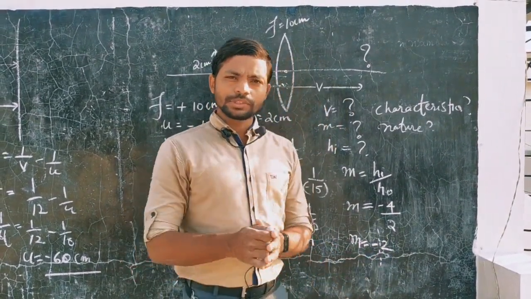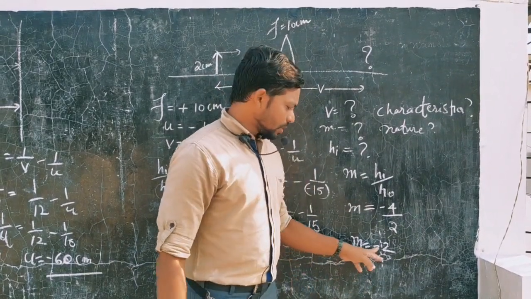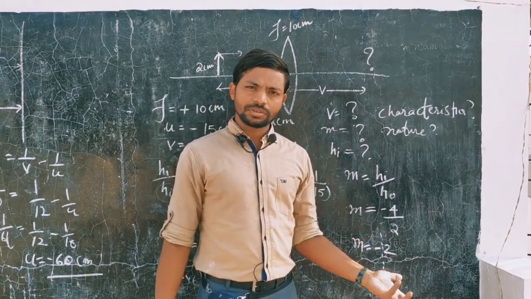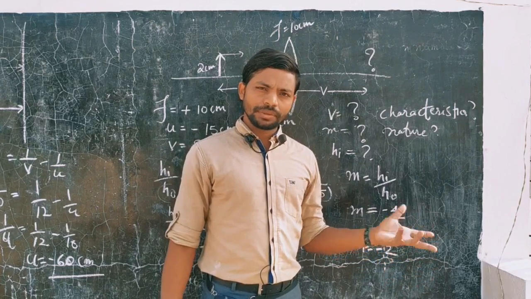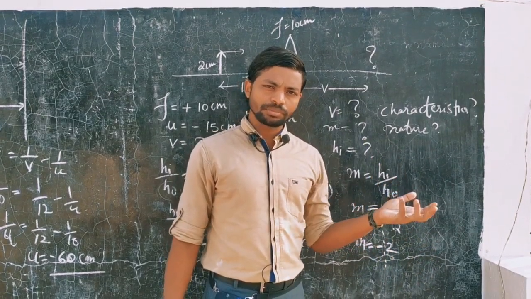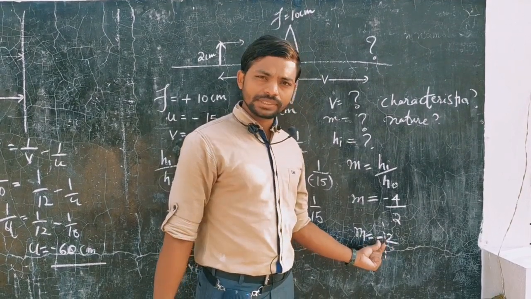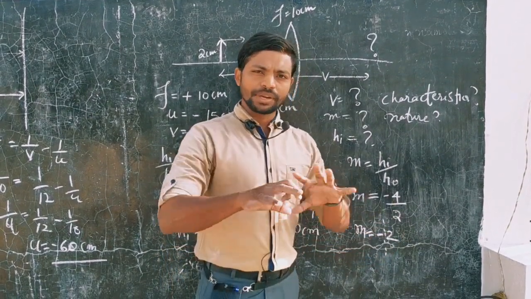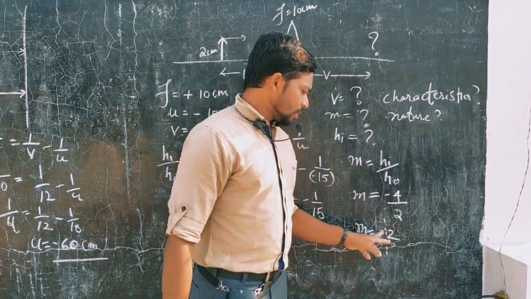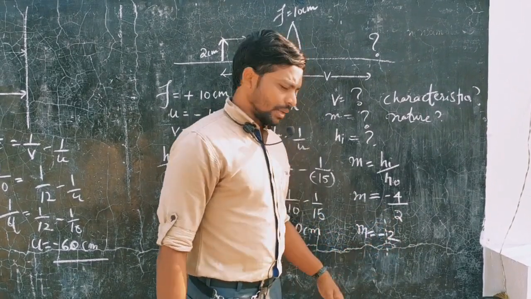See, earlier a student asked this question: sir, minus 2 means less than 0, so it will be a diminished image or something like that. Let me tell you, in magnification you have to see the sign and the number separately. Don't combine them, understand them separately.